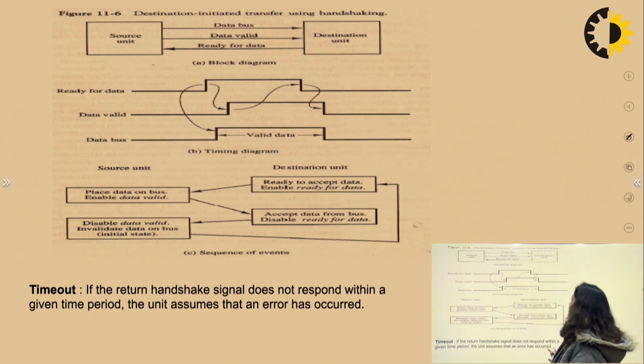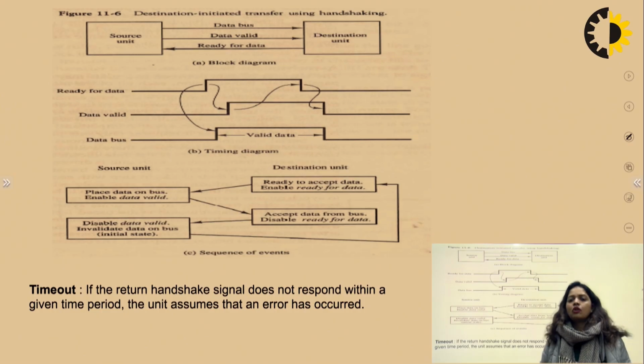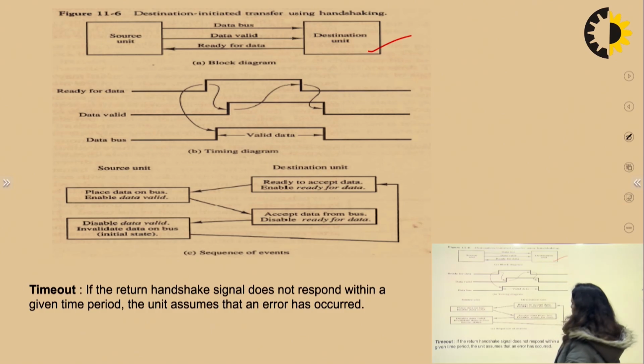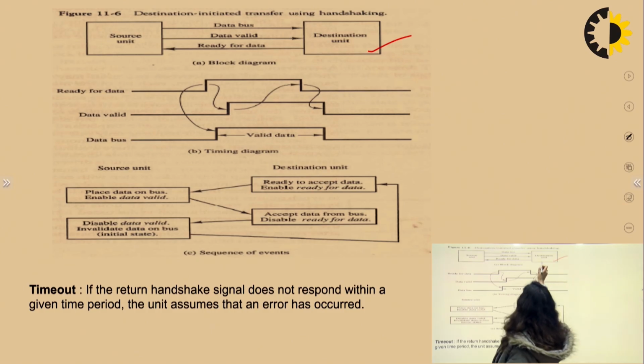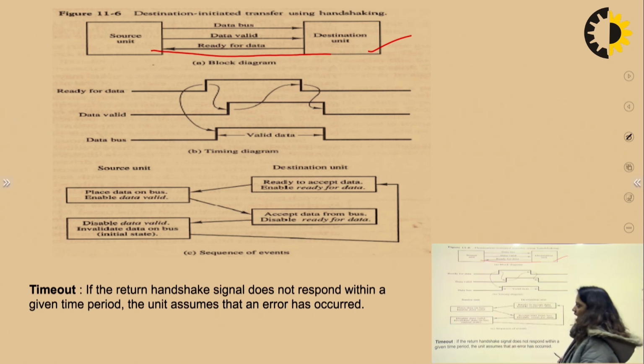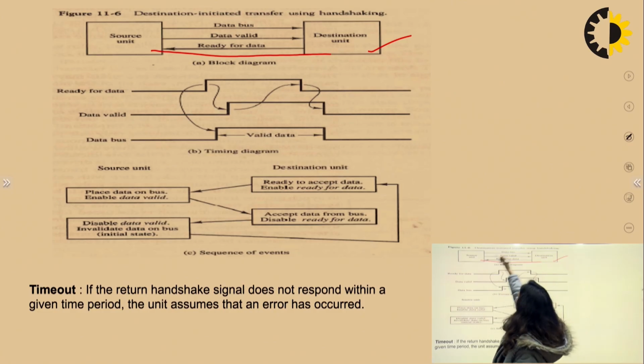Now this one is the destination initiated transfer using handshaking. In this type of transmission, the first initiation of transmission of data between the source unit and the destination unit will be done by the destination unit. First of all, the destination unit will put this ready for data signal in a high mode, indicating to the source unit to put the data on the data bus.